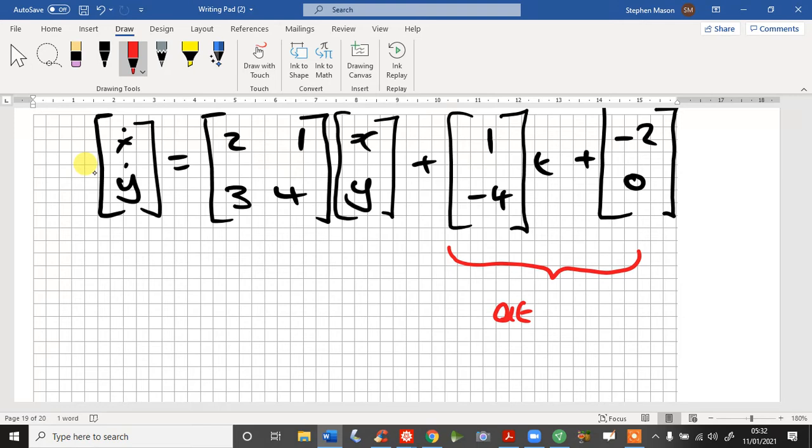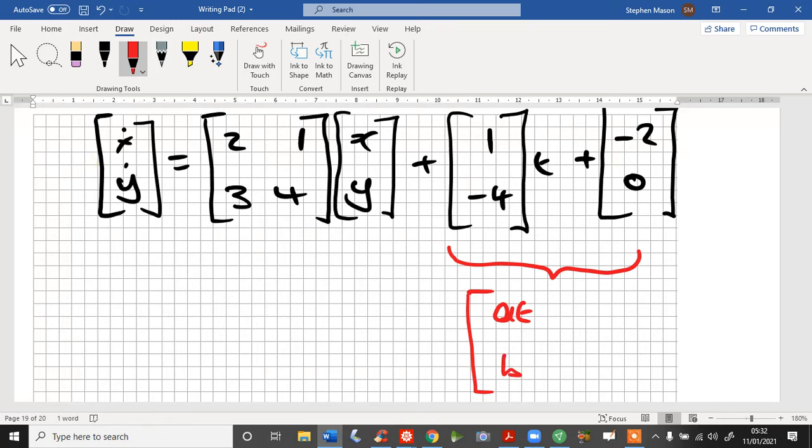So this entry here, 1t, is of the form at, and underneath in the matrix, we've got -4t, which corresponds to bt.